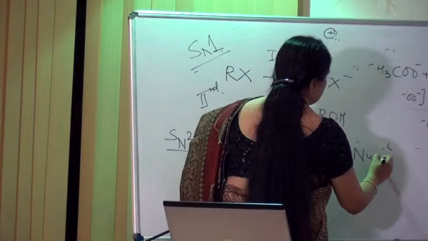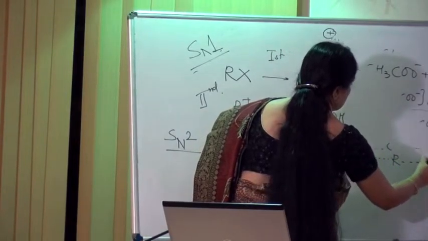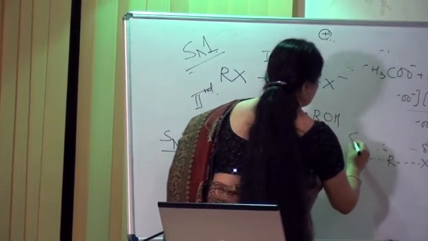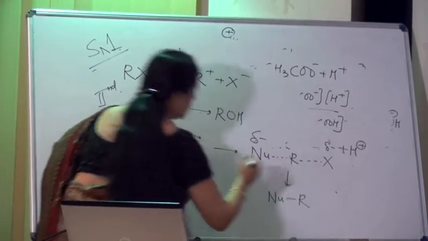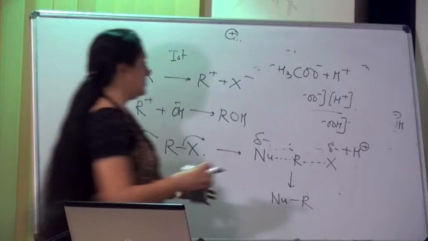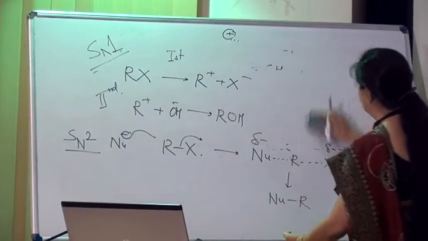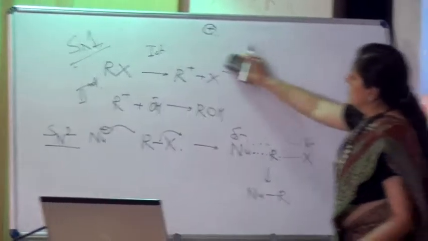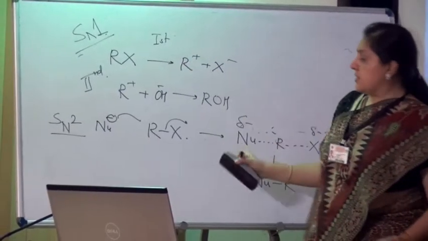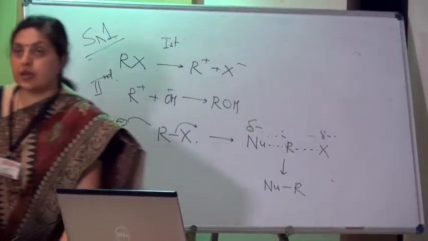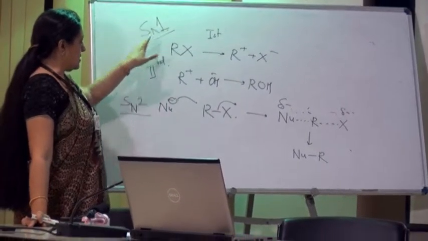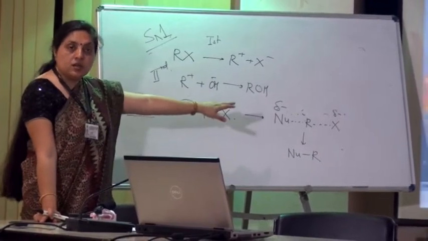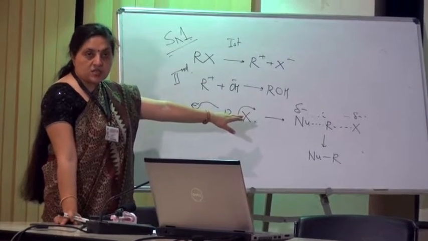Remember it in a simpler fashion: this is for SN1 and this is for SN2. Here in SN1 it is a two-step process, and in SN2 the reaction occurs in a single step.